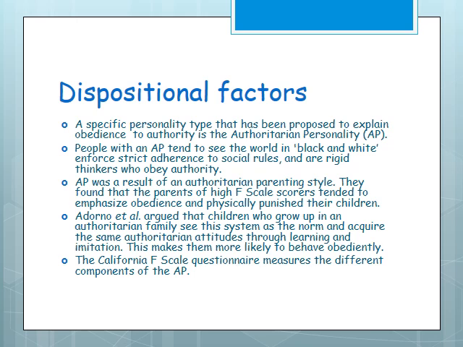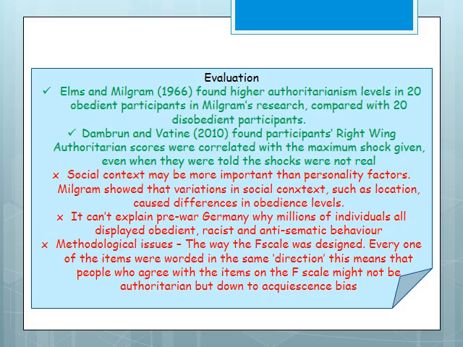Okay, it's measured on the F scale questionnaire. So remember, those people with an authoritarian personality are more likely to obey. So Elms and Milgram found that higher authoritarianism were more likely to obey. So those that scored highly on the F scale were more likely to obey in his research than those who didn't obey.